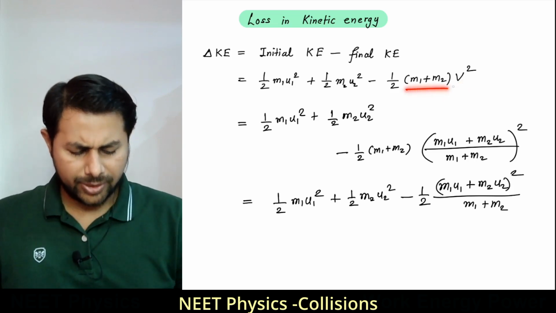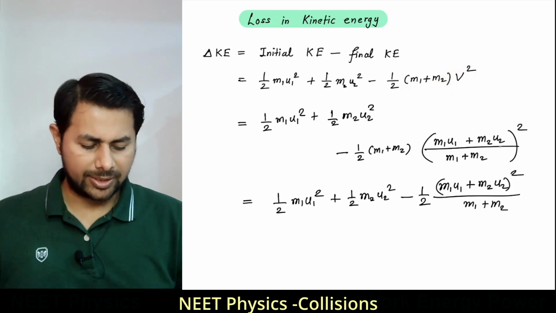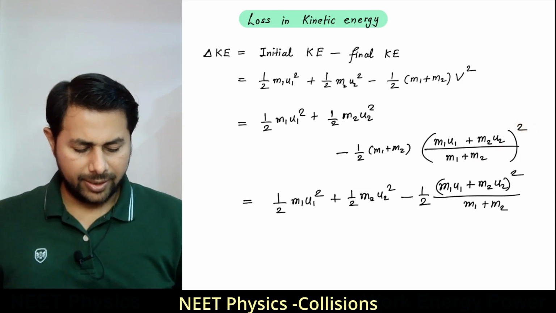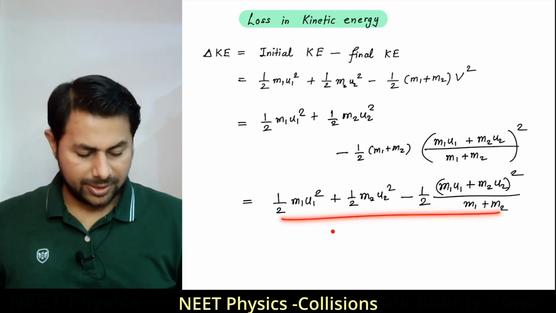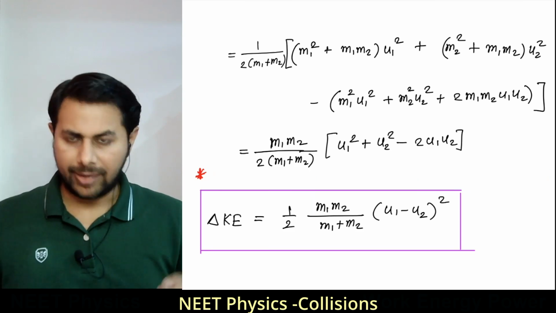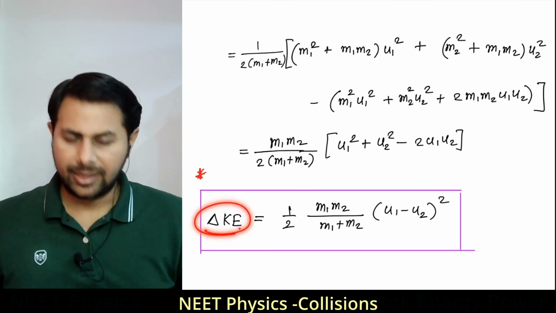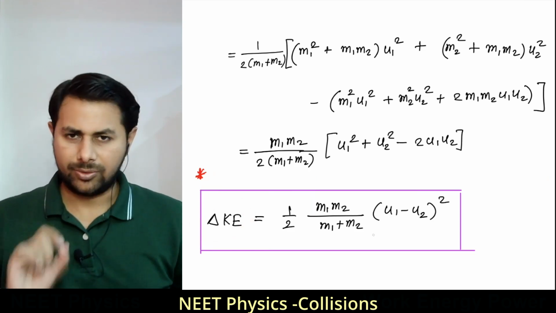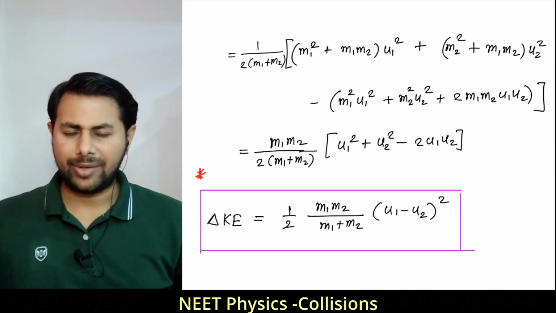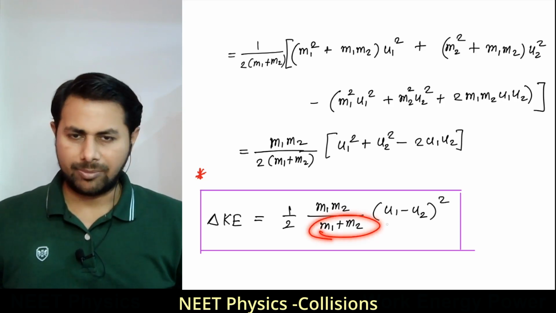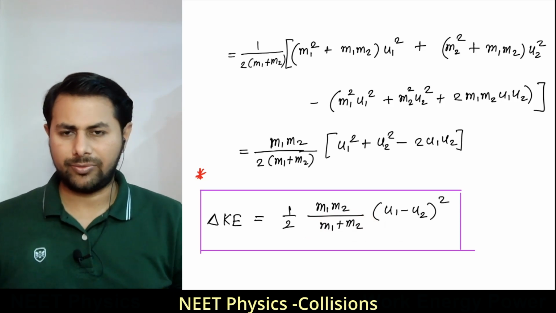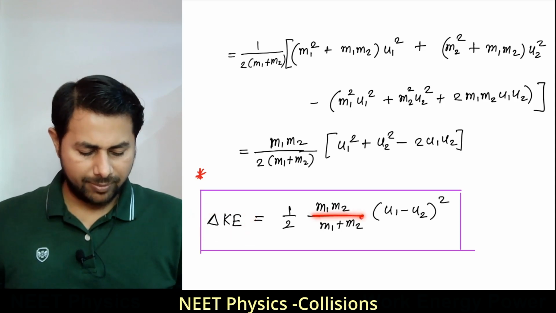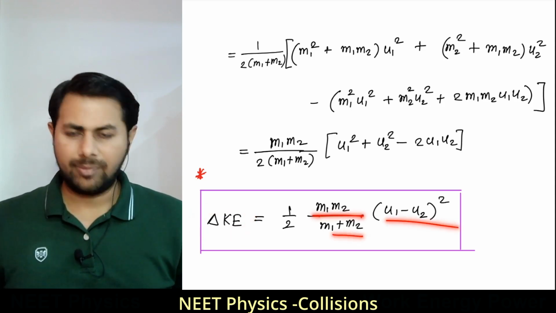Okay, so you put v is equal to m1 u1 plus m2 u2 divided by m1 plus m2 and you have square of that, and then you simplify this expression, and finally what you get is delta K, meaning loss in kinetic energy in case of inelastic collision, is equal to this formula. You need to remember, it's half of m1 m2 divided by m1 plus m2 multiplied by u1 minus u2 square. Okay, so delta K is just equal to half of m1 m2 upon m1 plus m2 multiplied by u1 minus u2 square.